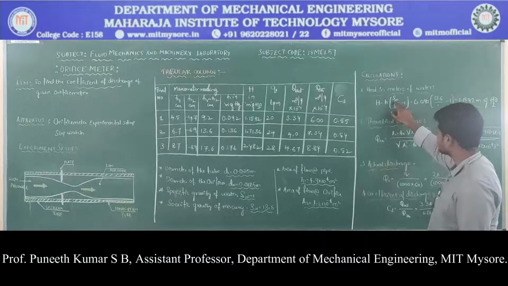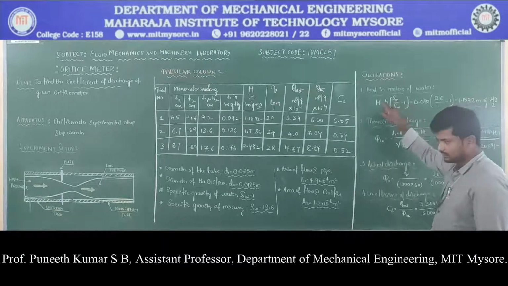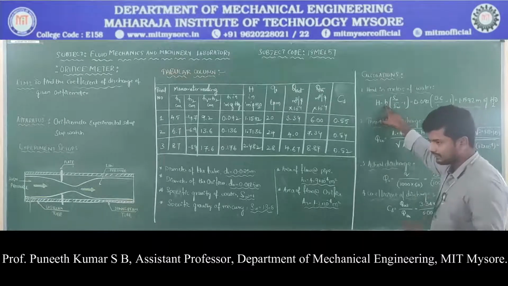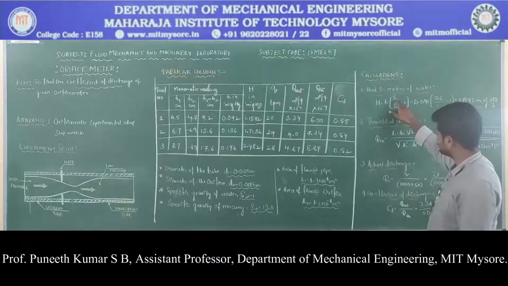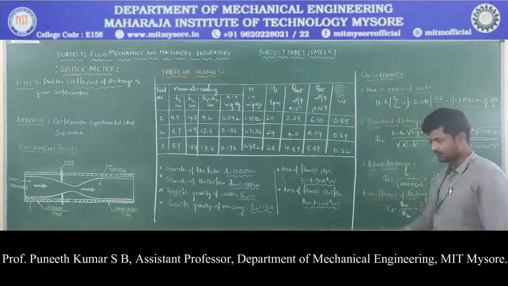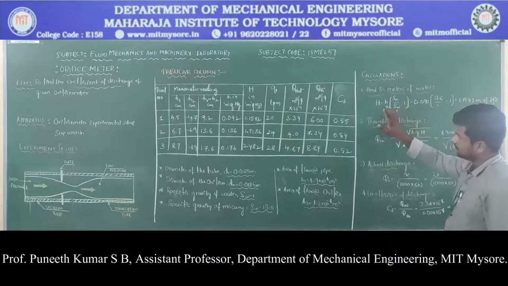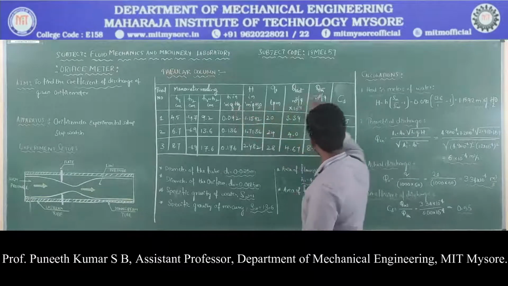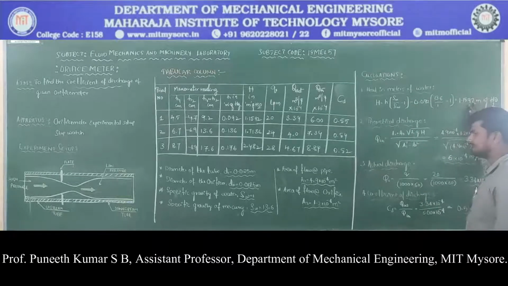So H = h (rho m by rho w minus 1), where rho m is the density of mercury and rho w is the density of water. By applying the head difference in terms of mercury into density of mercury by density of water minus 1, I can get the head in terms of meters of water.